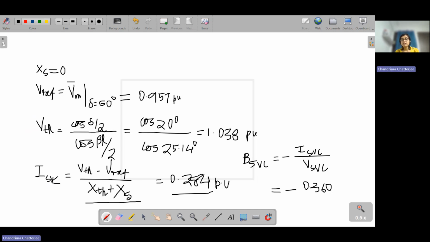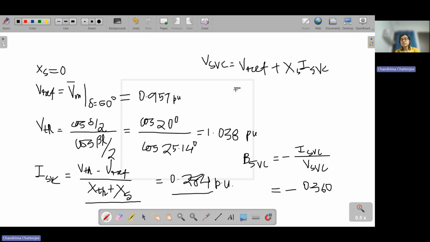Now you will have to take care that now VSVC also changes. Why? Now VSVC is equal to V reference plus XS times ISVC. Earlier VSVC was equal to V reference because the slope was 0.